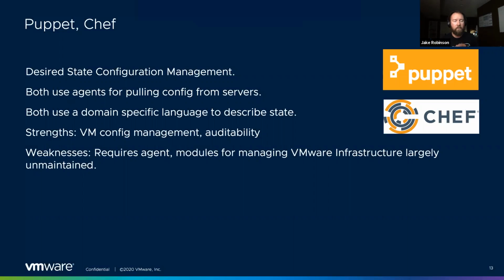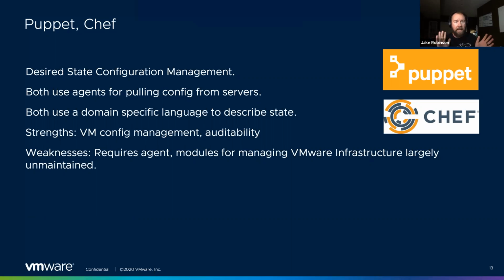At one point, we had some really good Puppet modules for managing vSphere and ESXi configuration, although those have largely been unmaintained. If you're unfamiliar with either of these tools, they both use a domain-specific language, specific to their tools. So Puppet has the Puppet DSL, and Chef has a Ruby DSL that they use.